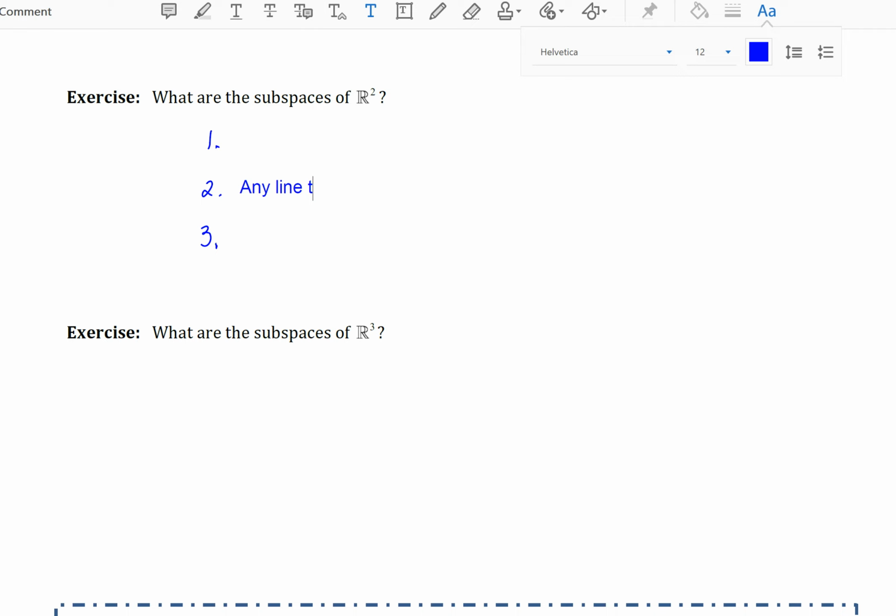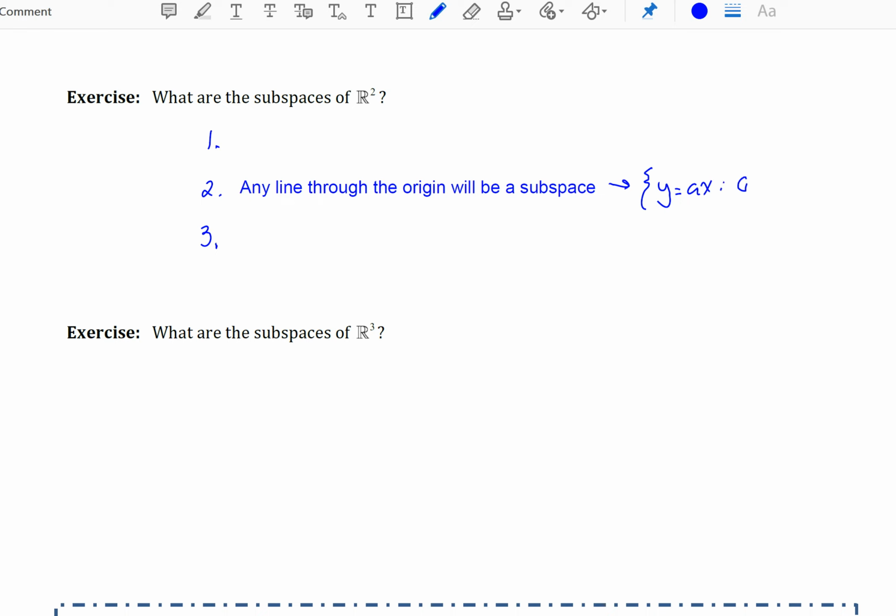Any line through the origin will be a subspace. So maybe specifically we're thinking of things that look like y equals ax, such that a is an element of the real numbers. Anything that looks like this, any line through the origin, that'll be a subspace.